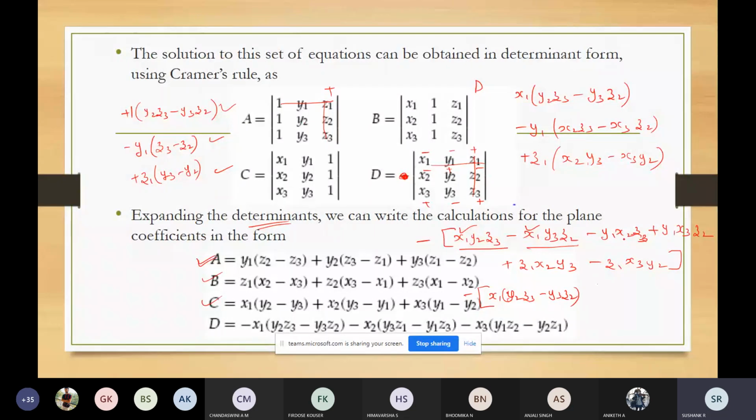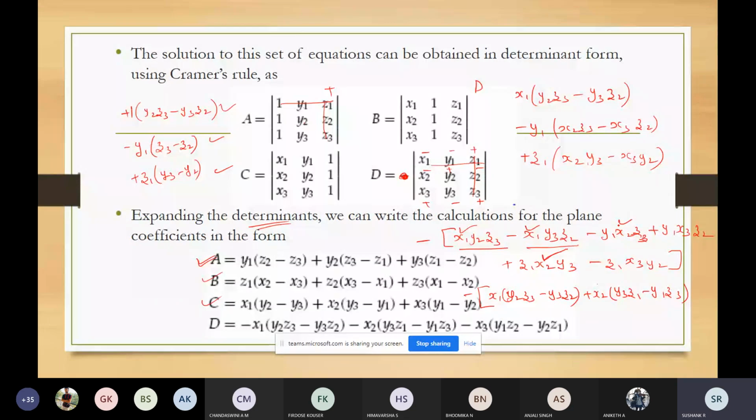After this, from here x2 is common, y1 x2 z3, and check for some other term with x2. So here also, you can check. Now take plus x2 as common. So plus x2 means y3 z1 minus y1 z3.